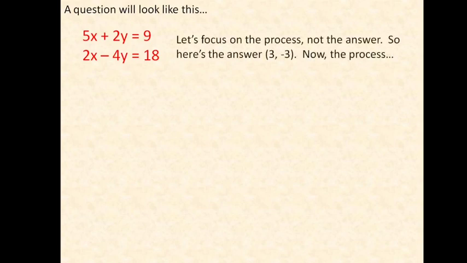When you solve these two equations by any other method, the solution will be 3, minus 3. This 3 stands for the value of x and this minus 3 is the value of y. Together they make the solution of the given equations.